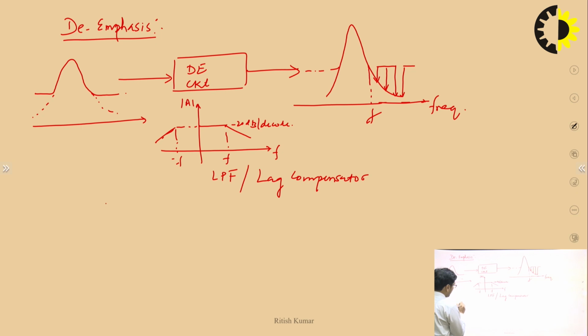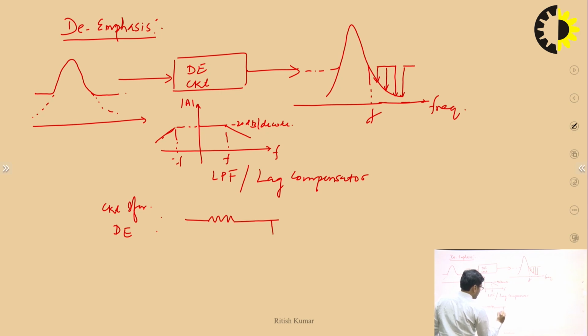So the circuit for the de-emphasis process is a simple low pass filter, right?